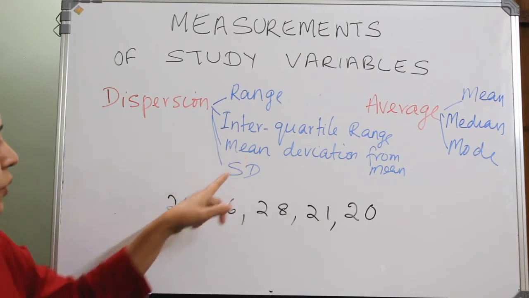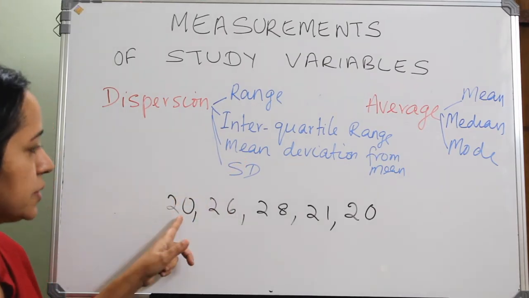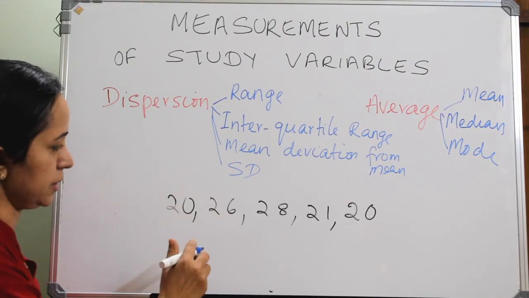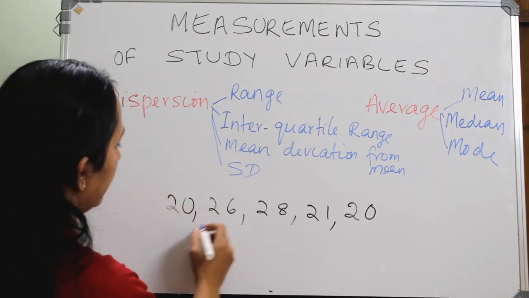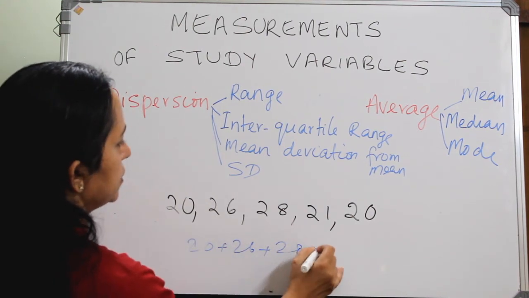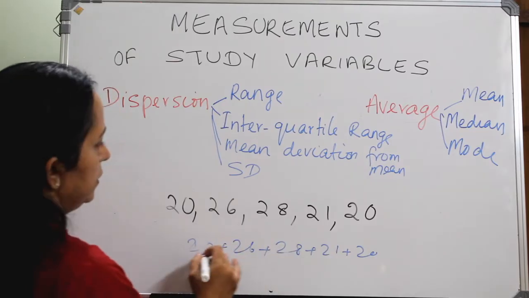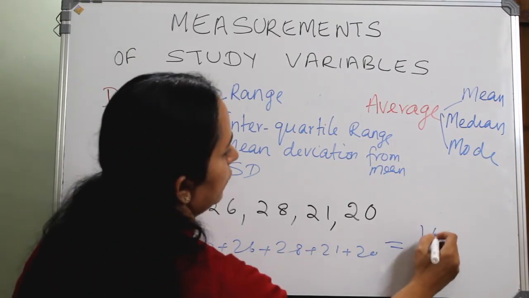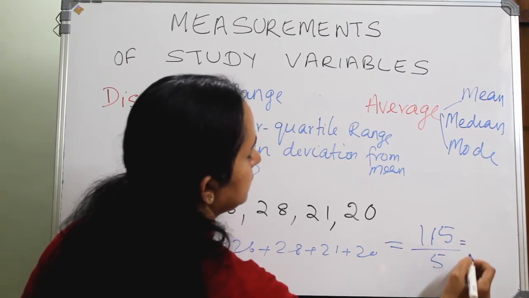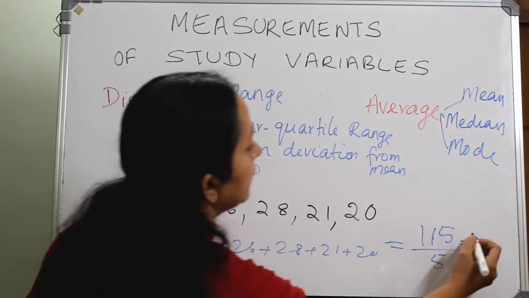If you want to find out the mean deviation of this 20 from the mean, first we have to calculate the mean of this set. For that we have to add all these: 20 plus 26 plus 28 plus 21 plus 20. So we will get a value of 115. Divided by 5, we get 23.